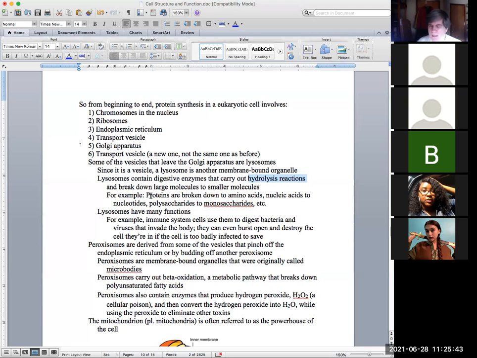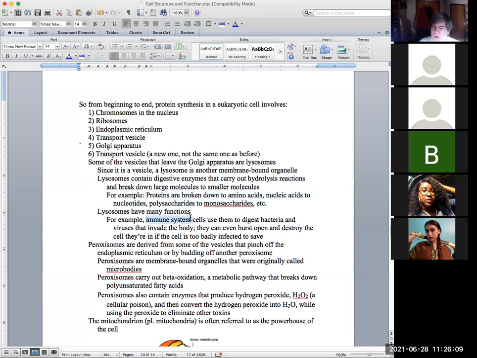Well, big molecules like proteins are broken down to amino acids. Nucleic acids are broken down to nucleotides. Polysaccharides are broken down to monosaccharides. Triglycerides, remember those are the things we call fats and oils. Those are broken down to monoglycerides and fatty acids.